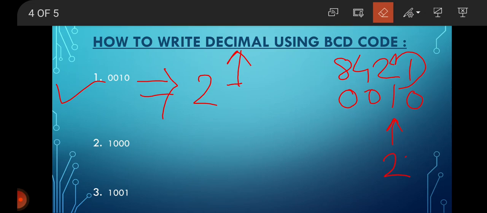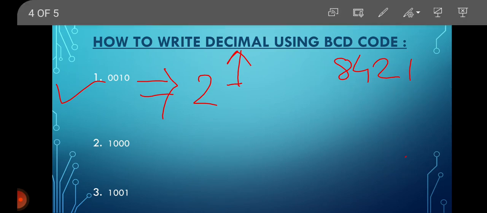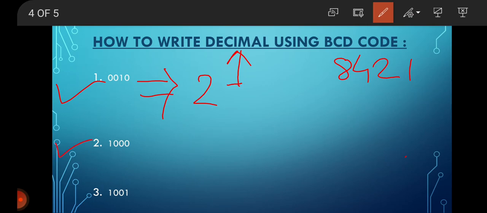Then this 1000, therefore this 8 is 1, therefore our decimal number is 8 here.